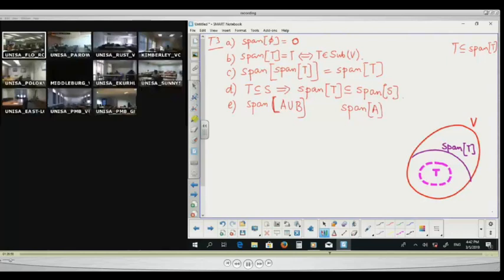Okay, let's see. This one tells me that since A is a subset of A union B, span A is a subspace of span of A union B. Similarly, span B is a subspace of span of A union B. So both of them are contained here.